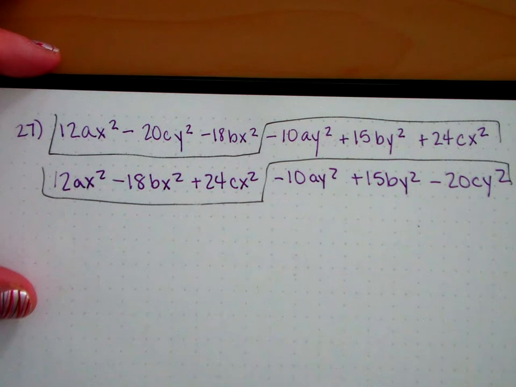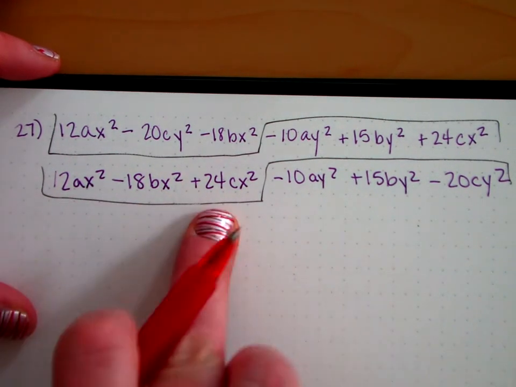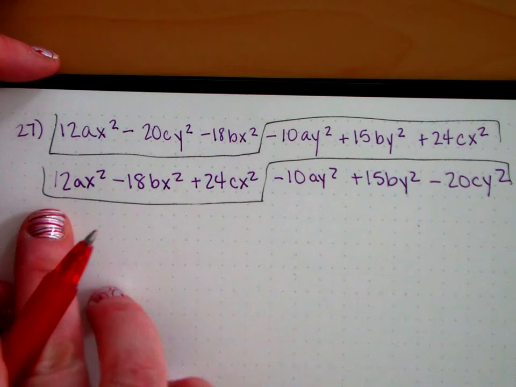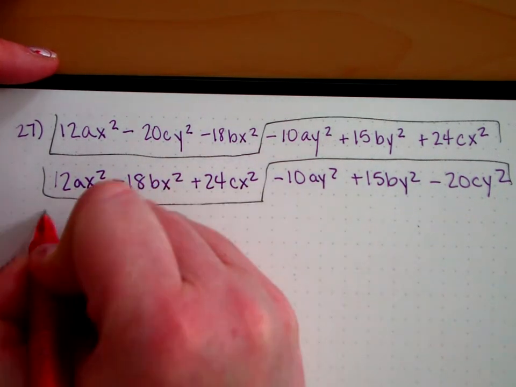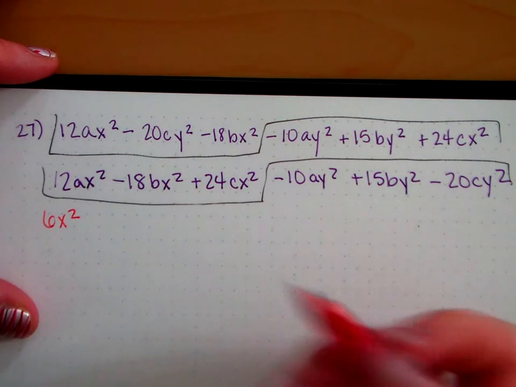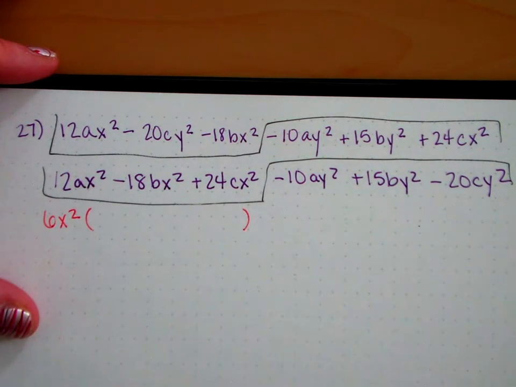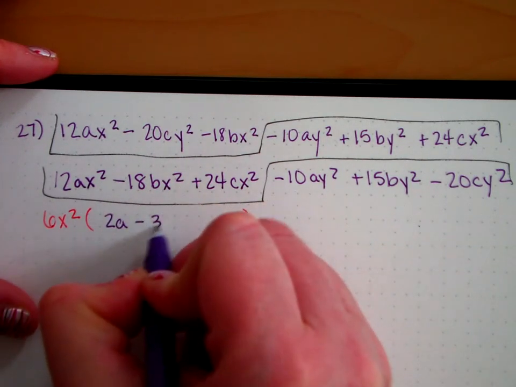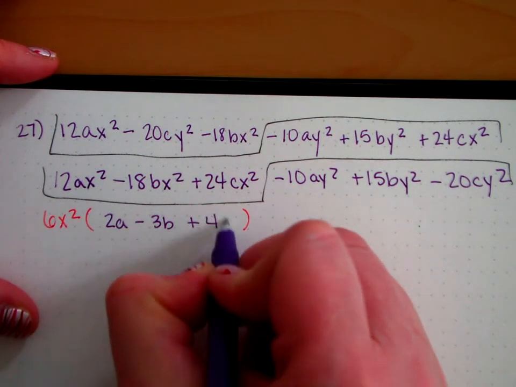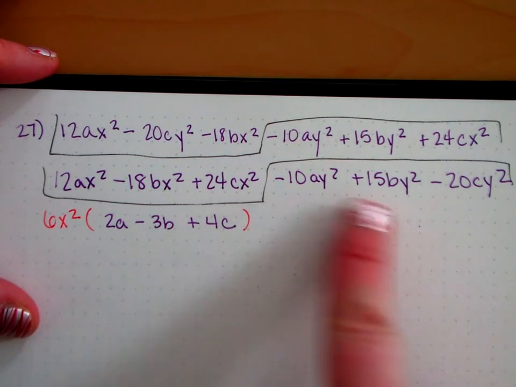Once again, I'm going to draw my little groups. Okay, so out of this first group, I have a 12, an 18, and a 24, and I have an x squared. So the number that goes into 12, 18, 24 is 6. That's the biggest number, so I'm going to pull out a 6x squared. Left in that group is whatever's left over. So I have a 2a minus 3b plus 4c.